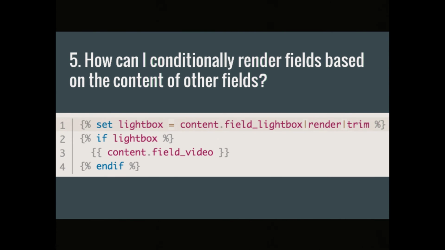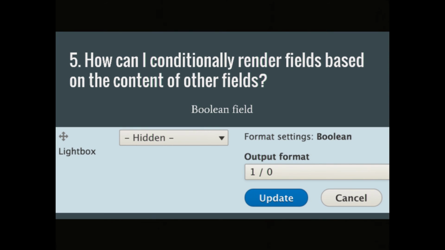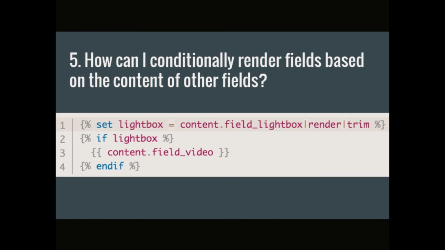And then you can use that in the if statement, line number 2. So 1 evaluates to true, 0 evaluates to false. So you need 3 things: call the render filter to render the array, configure the output format to 1/0, and call the trim function. And with that, you can actually use it as a test.